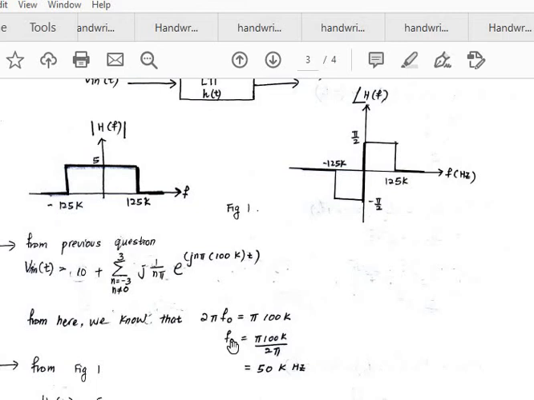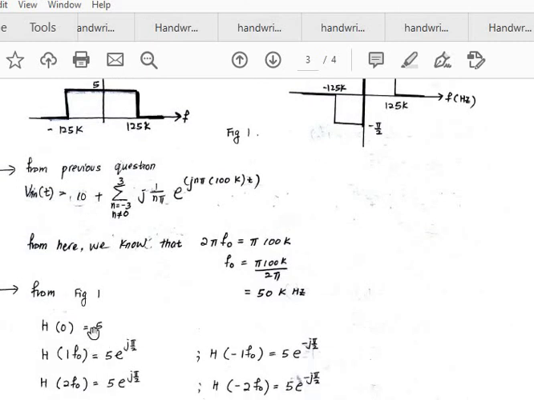Okay, you need to know what f naught is so that you can tap the signal here. You need to know what 1 f naught is equal to. 1 f naught is omega naught, right? Okay, f naught is 50k. So this one starts from -3 to 3.